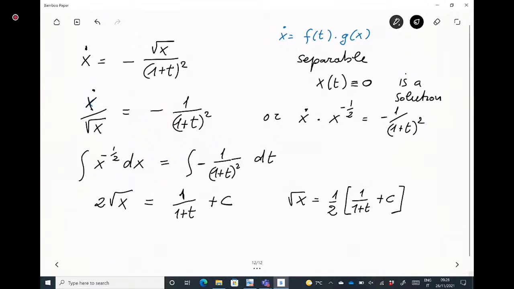And finally, x, which is x of t, a function of t, is equal to 1/4 times (1 over 1 plus t plus c) squared. This is the general solution. It depends on an arbitrary constant.